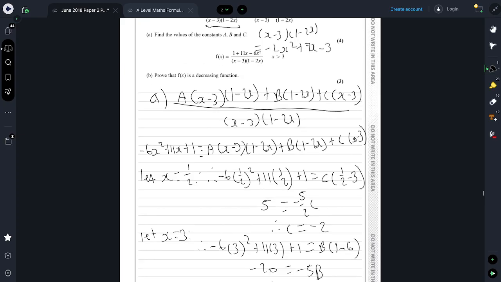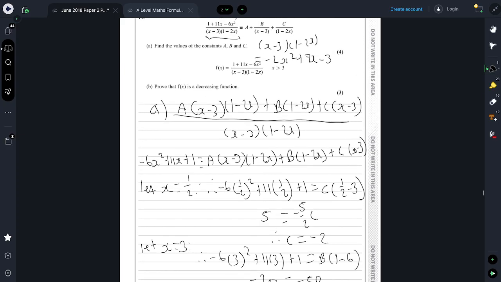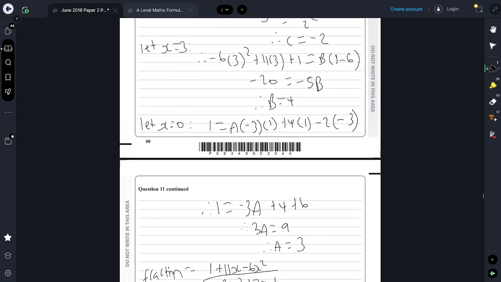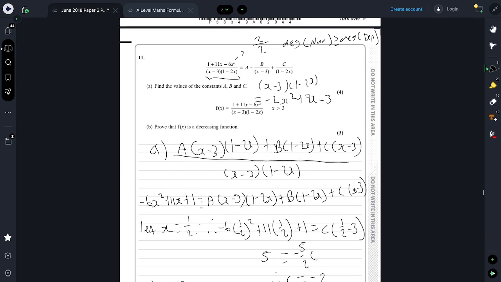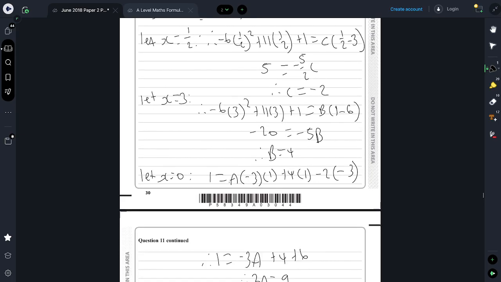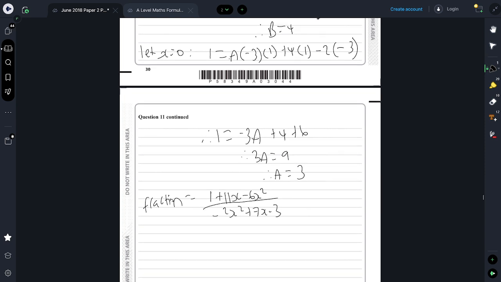Okay, that should be right. So I need to copy minus 2x squared plus 7x, was it? Minus 6. And that's the other way around. It's 1 plus 11x minus 6. Okay, just to double check that's right. I did copy up minus 3. Oh, okay. Not minus 6. Okay, so this is the fraction.